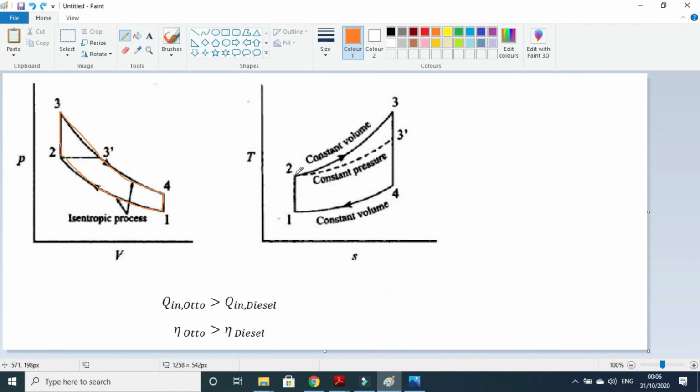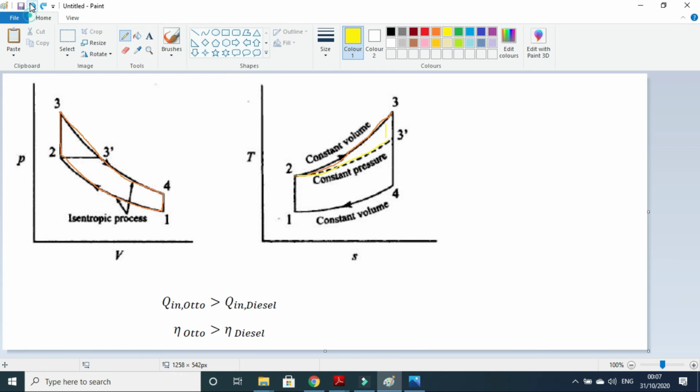This is the Q in process curve for the Otto cycle, and this is the Q in process curve for the diesel cycle. You can see that this area is additional in the constant volume heat addition process, that is in the Otto cycle. So Q in of the Otto cycle is greater than Q in of the diesel cycle.